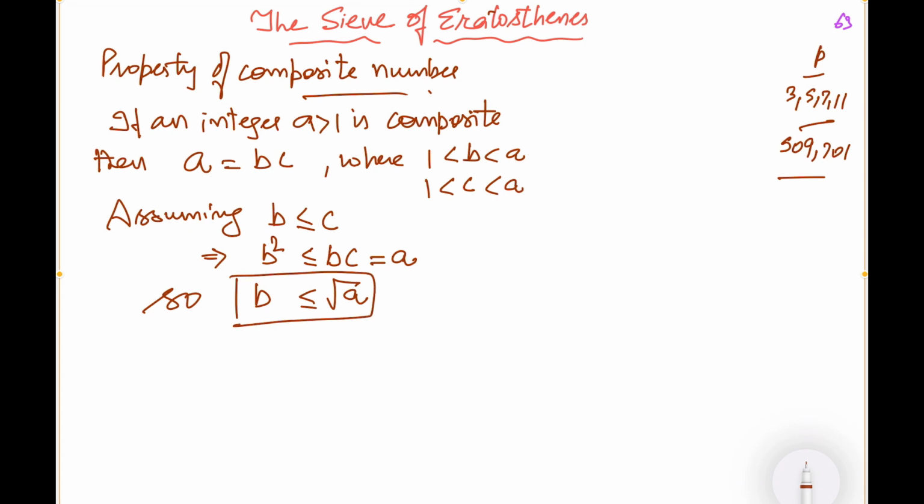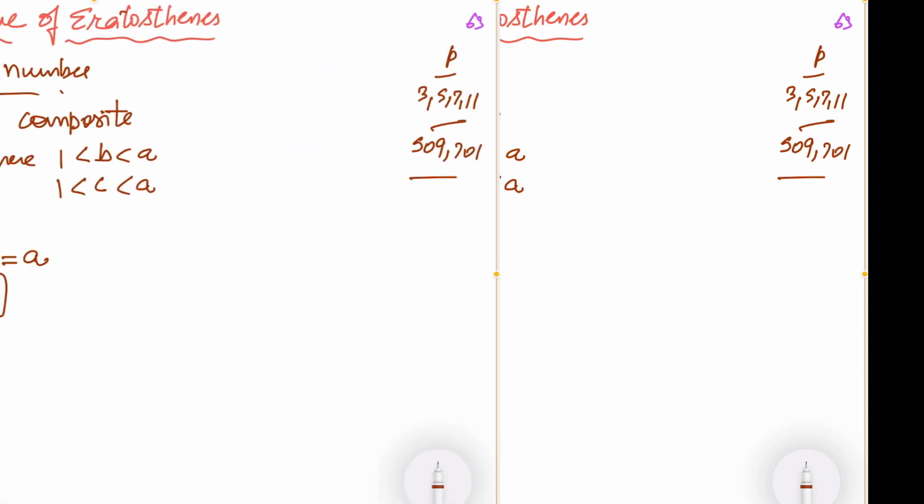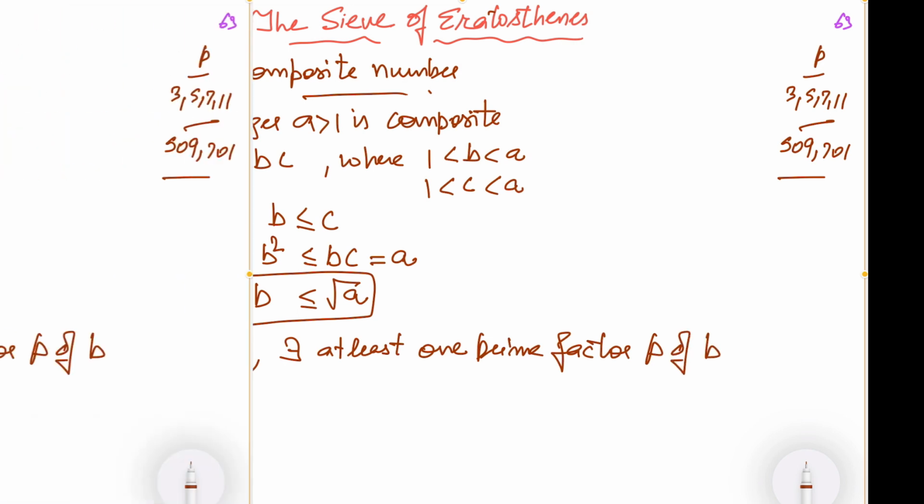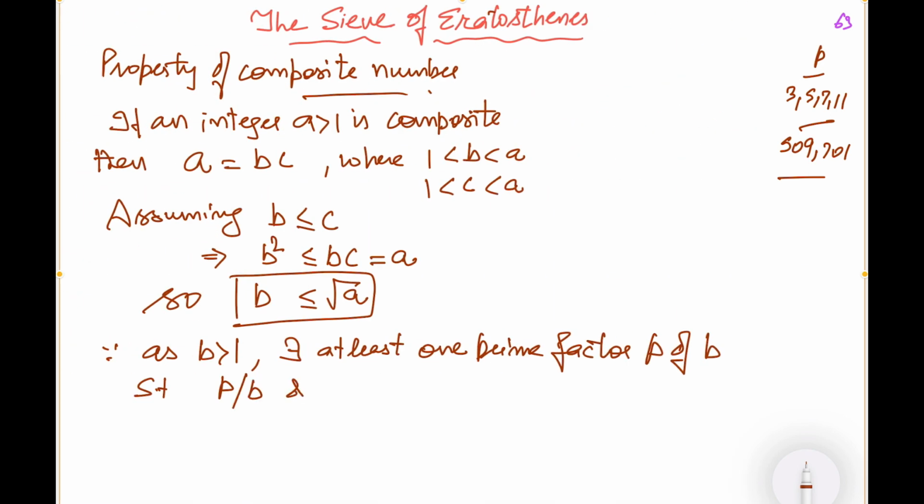Because b is strictly greater than 1, b has at least one prime factor p. p divides b and b divides a, which implies p divides a also.